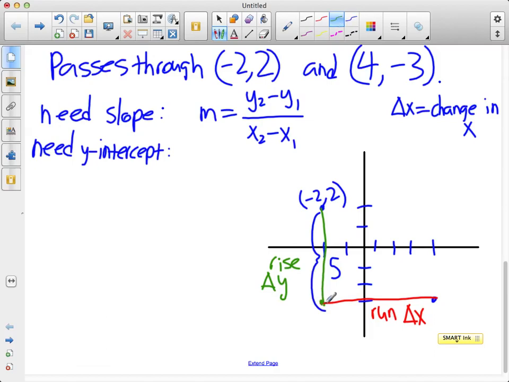Starting from here, 1, 2, 3, 4, 5, 6. I forget that you can't see my hands. So we can see our slope is going to be, now we went down, so this is a rise going down, so that's going to be -5 over 6.